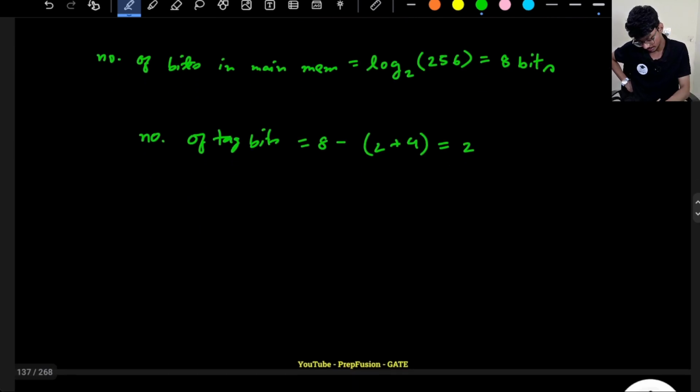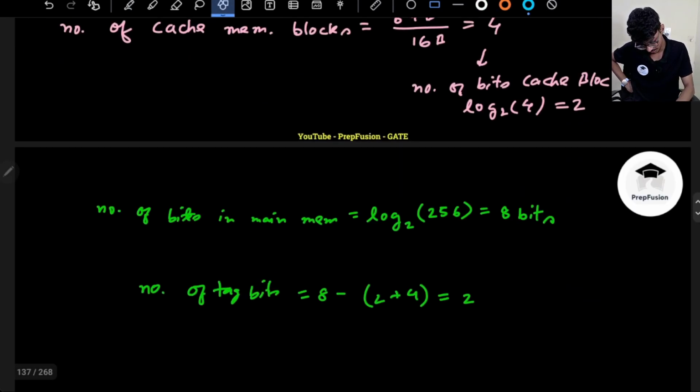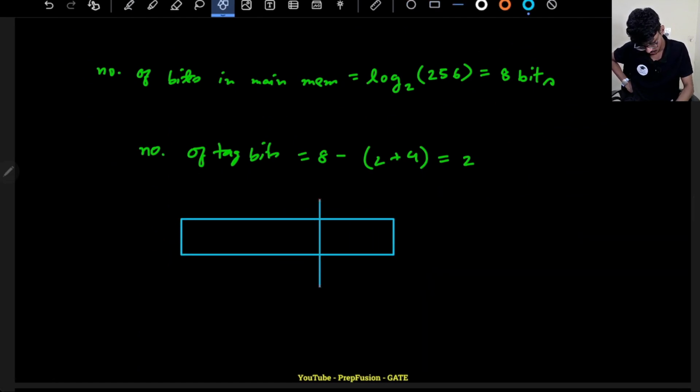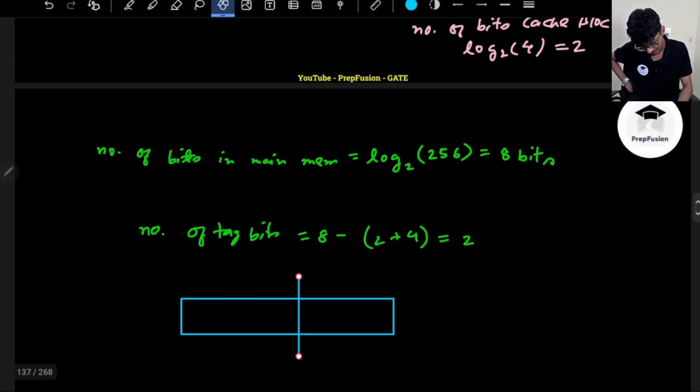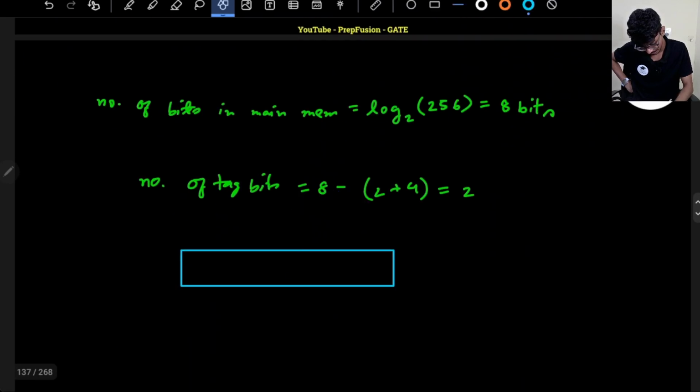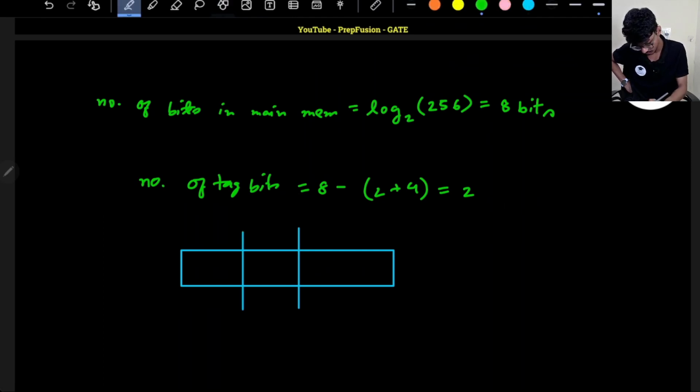Now let us divide our address. If I write down my main memory address, for byte offset we have 4 bits. For cache memory block number I have 2 bits and 2 bits for the tag. So here I have the tag, here the cache memory block number, and here the byte offset.